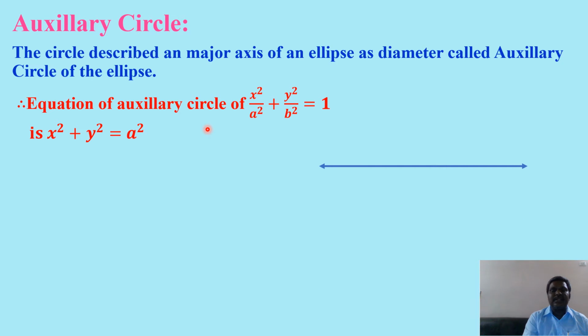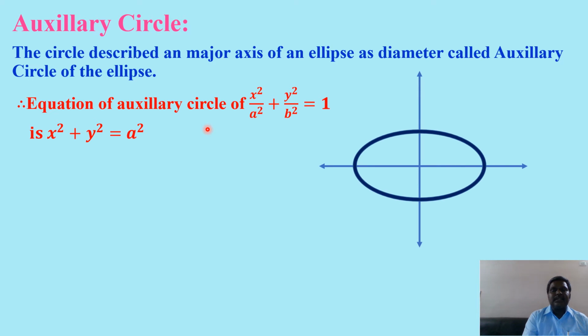Let us see. This is the x-axis, y-axis. This is my ellipse, x square by a square plus y square by b square is equal to 1. This is my major axis. Now we have to construct the circle described on this major axis as diameter.